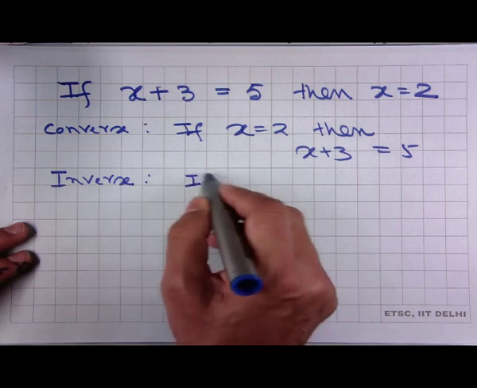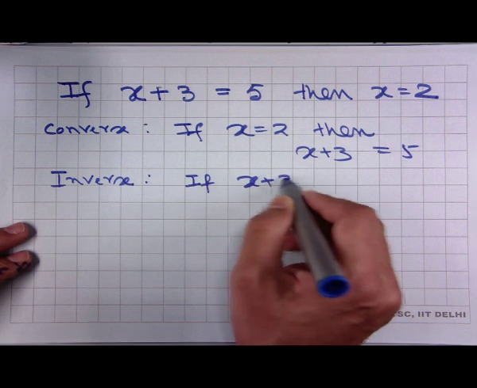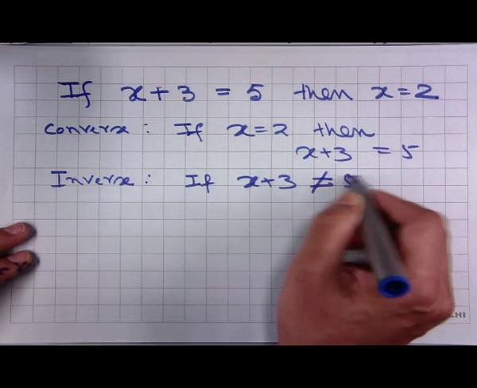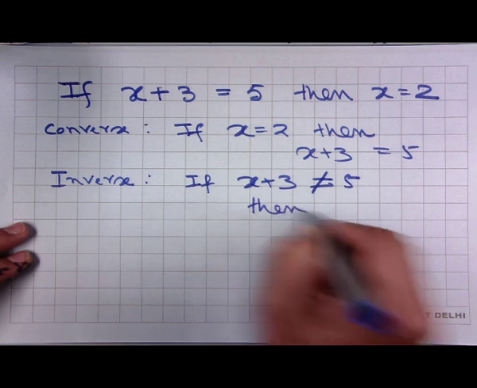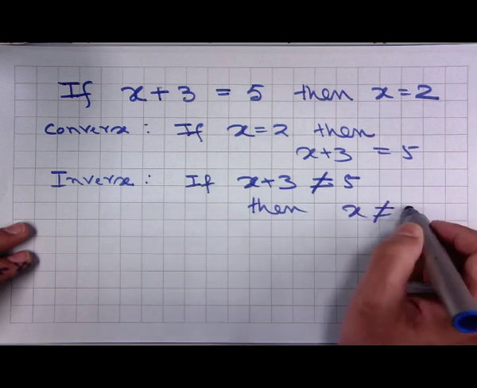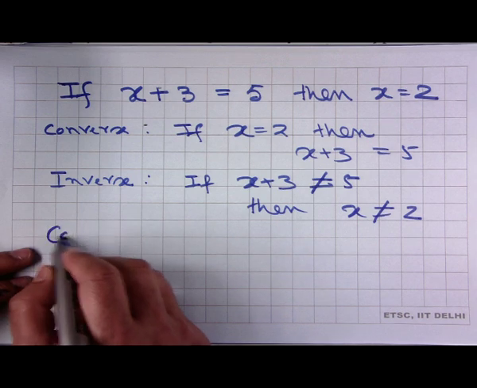If x plus 3 is not equal to 5, then x not equal to 2. And what is the contrapositive?